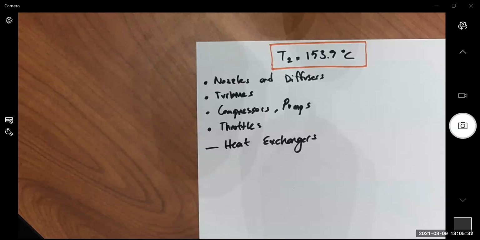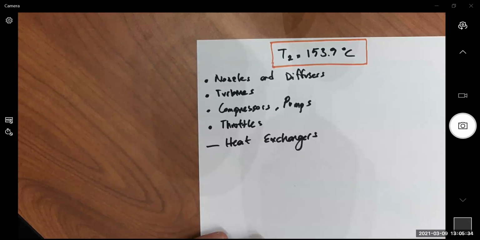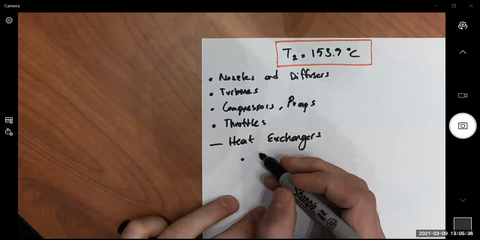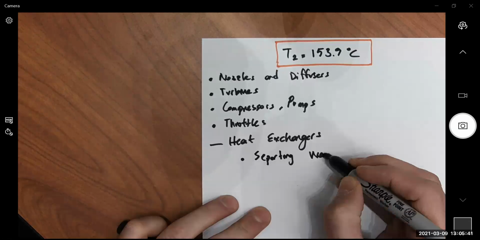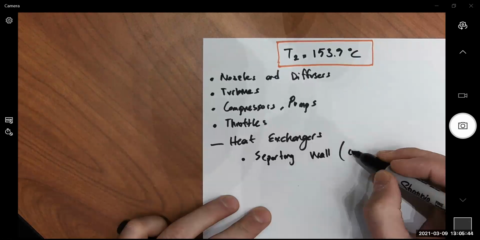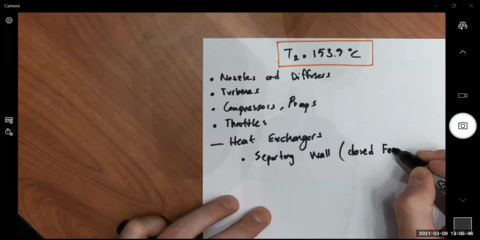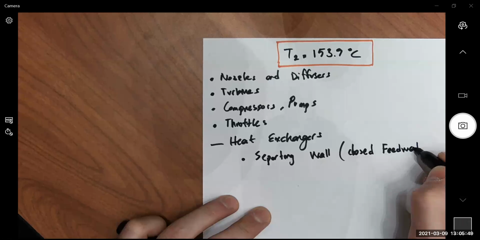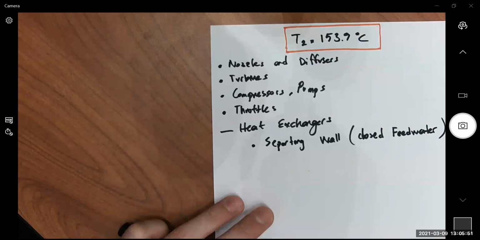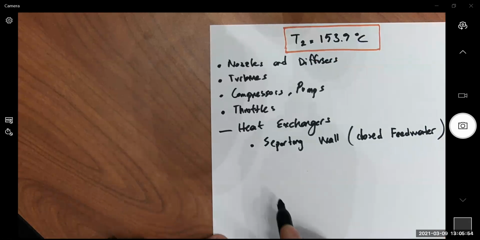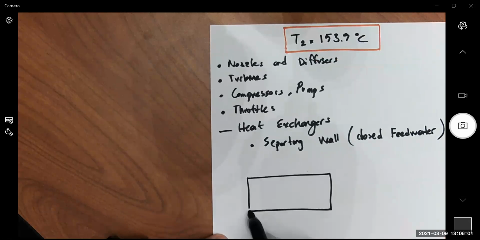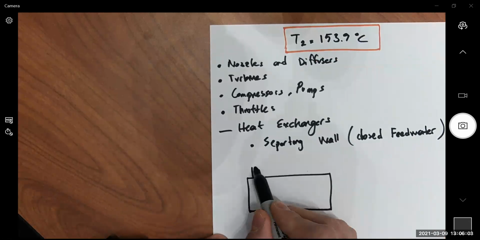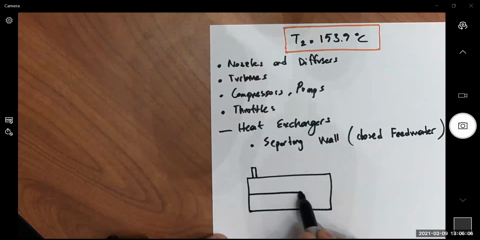The first one we will look at is the closed one, the separating wall, or closed feedwater heat exchanger.